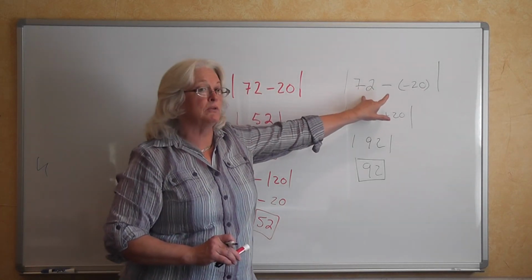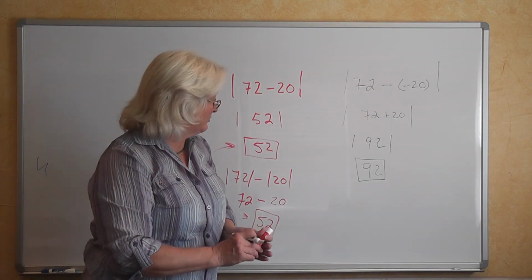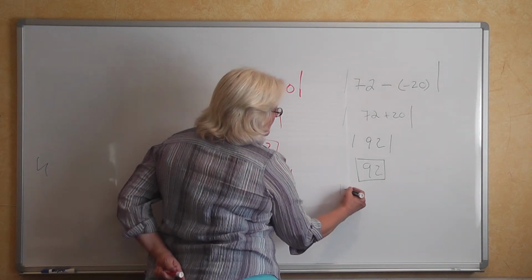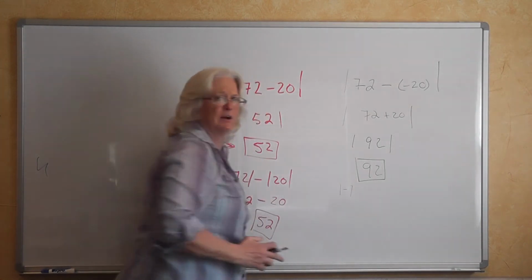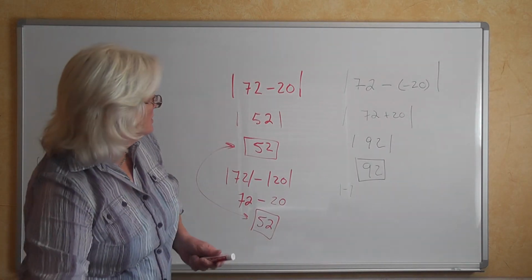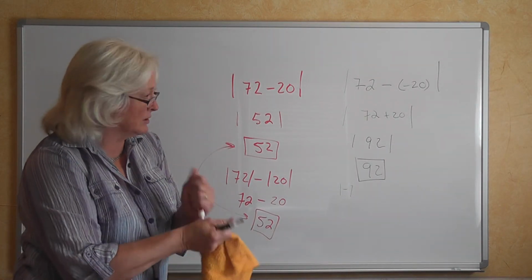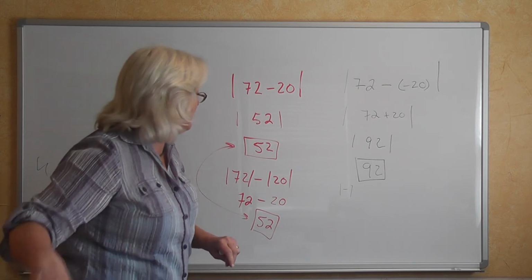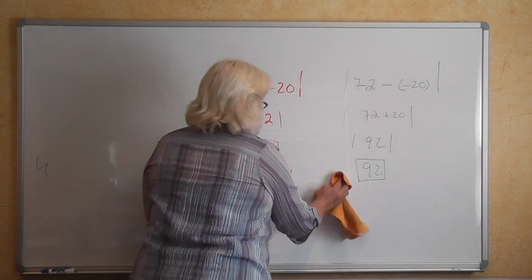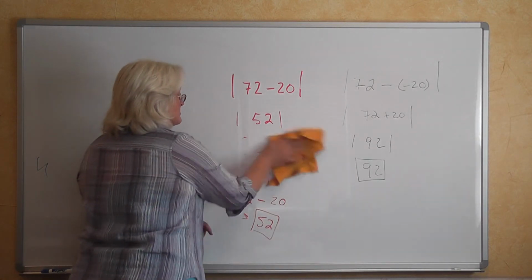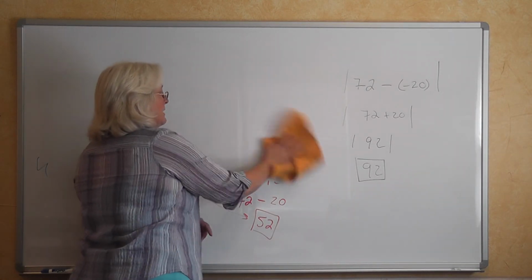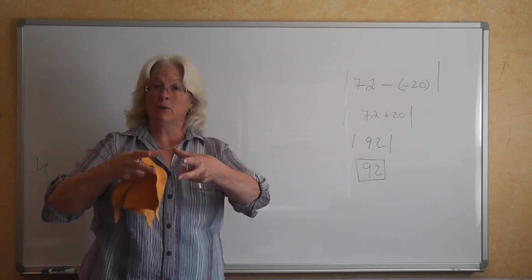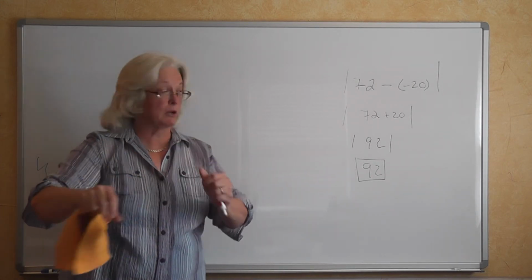What happens if we took this very differently? I'm not convinced that this marker is showing up really well. Let me go back to red for this. I'm going to erase this problem, because here we saw that it didn't matter if we put everything inside the absolute value bars or if we split it apart.